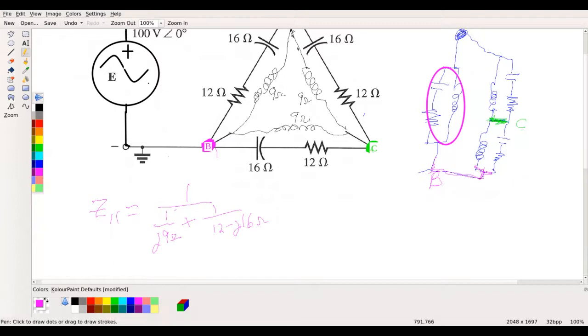Okay. So that is my parallel impedance. And so if I go into Octave and calculate that, one of the things we need to remember to do is to use parentheses. Okay, so we need to make sure that we put in all our parentheses on here to get the answer.